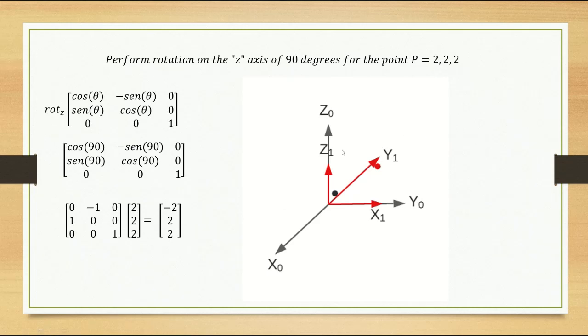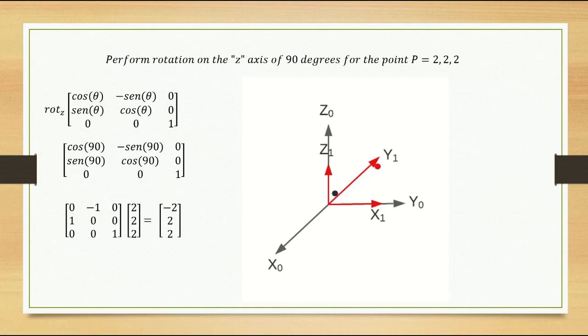And here we can see how the rotation diagram behaves and how the point moves. The black plane is the original plane, while the red one is the plane already rotated 90 degrees. For the location of the point P, the coordinates are 2 in x, 2 in y, and 2 in z.